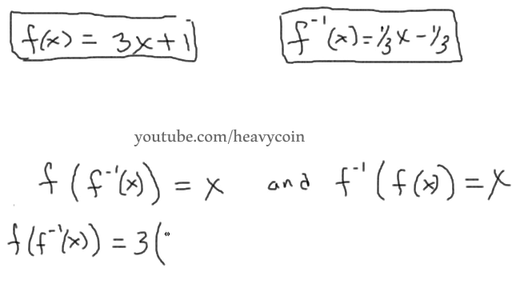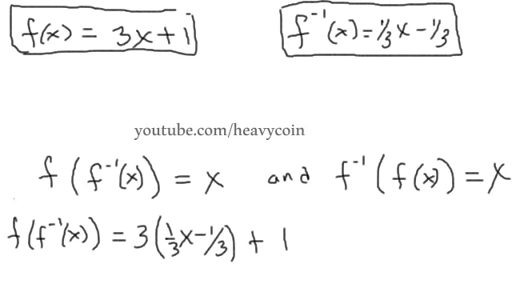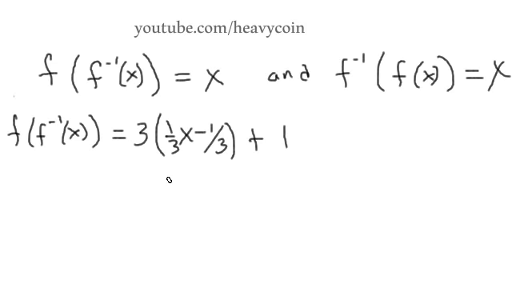You see that? So we have 1/3 x minus 1/3, and then plus 1. They took this x out and put this whole piece in at the inverse. Then we're going to simplify that down.